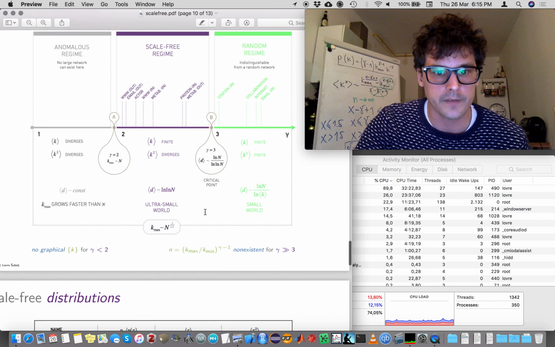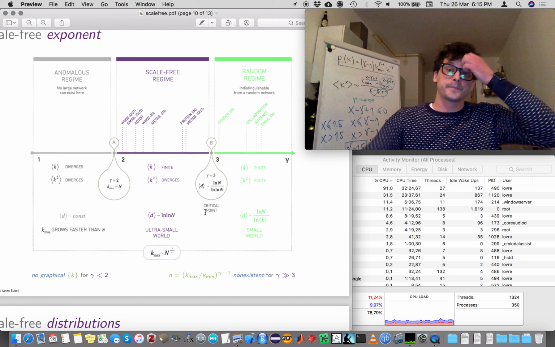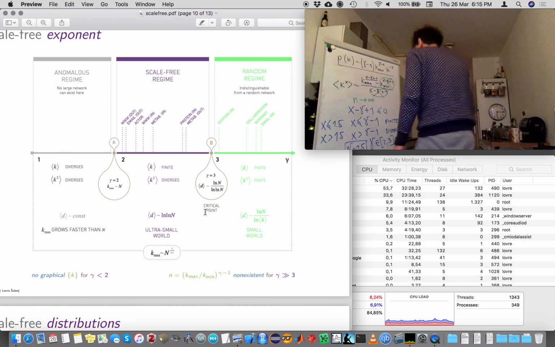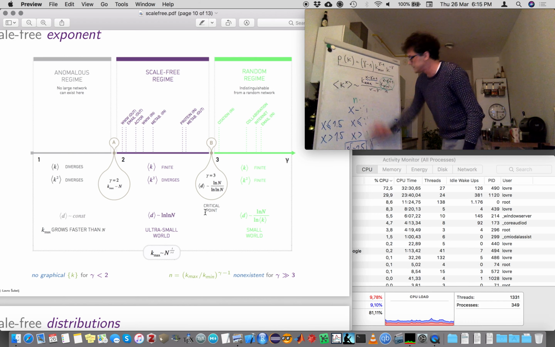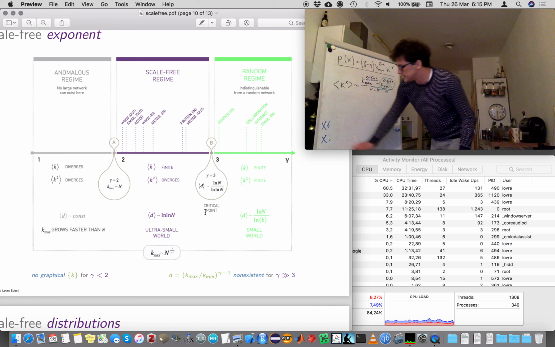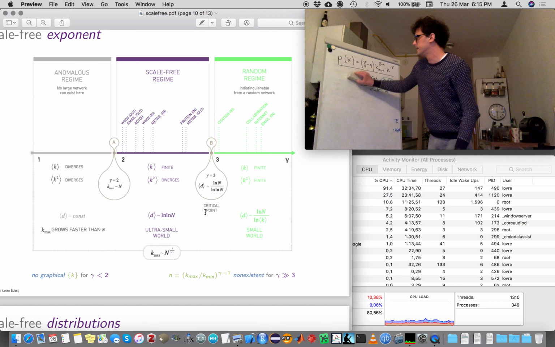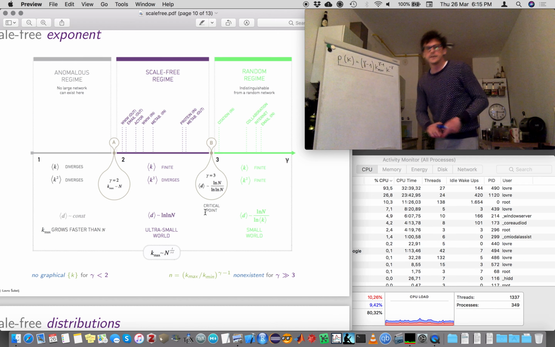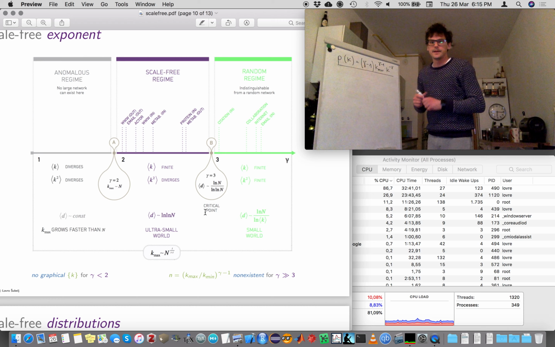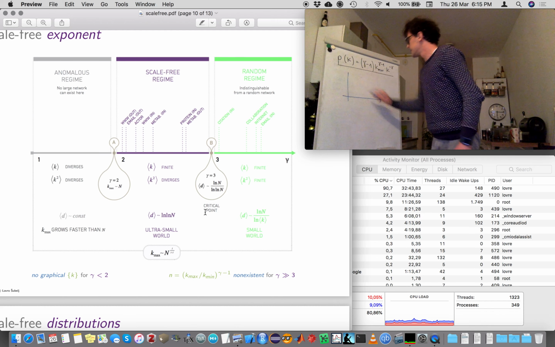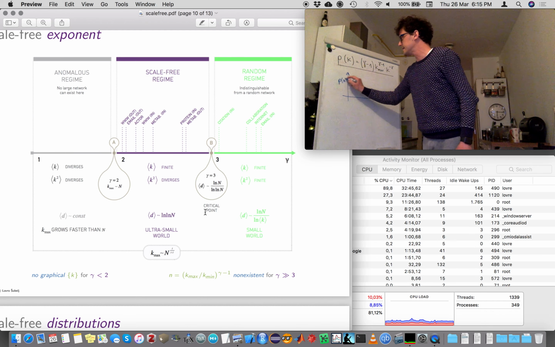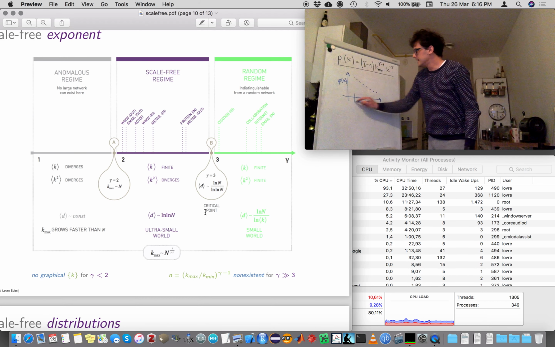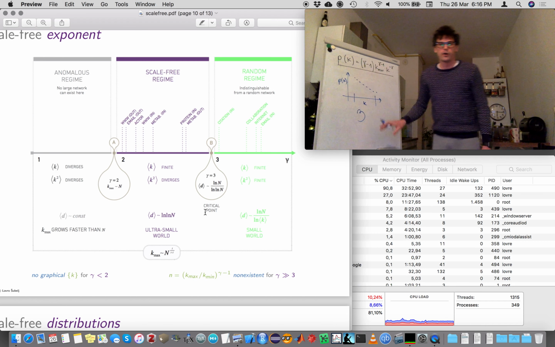Now, in order to estimate properly the gamma exponent of some degree distribution, you would usually demand that the values from which you are estimating gamma scale at least 3 orders of magnitude.